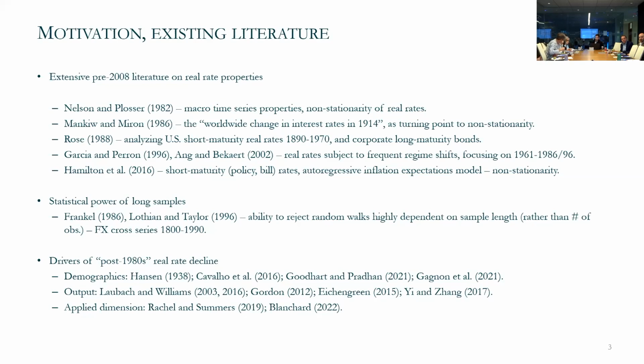Sorry, I jumped ahead and made your point. Right, yeah. And their argument is that once you extend the sample of these data sets, your results dramatically change, and the statistical power of these econometric analyses dramatically improves. So it can make a radical difference if you look at a post-1945 interest rate sample, or a 200-year or a 300-year interest rate sample.